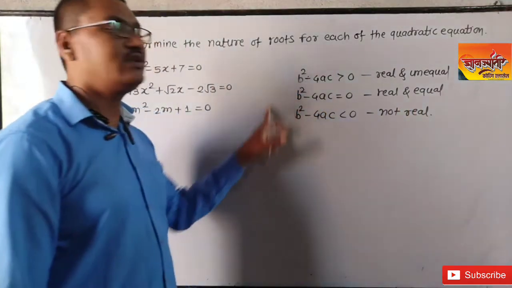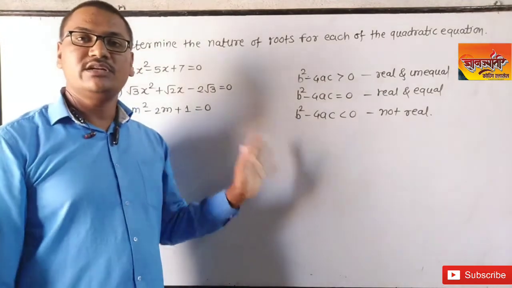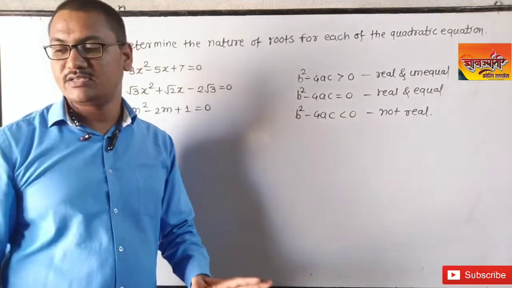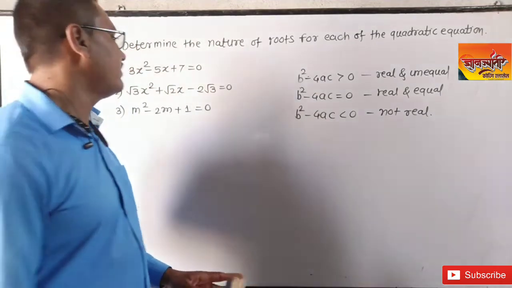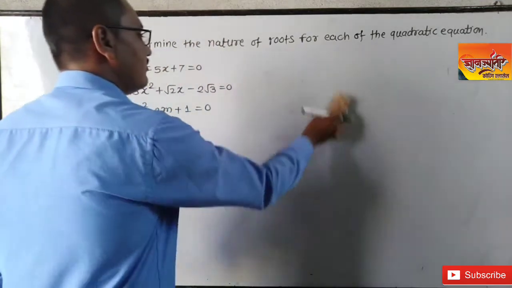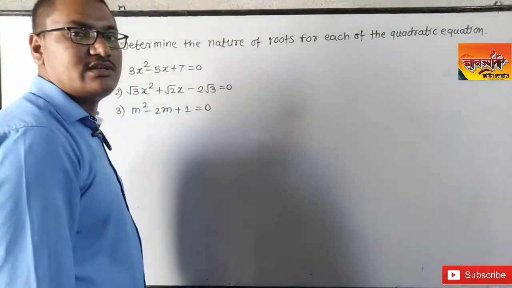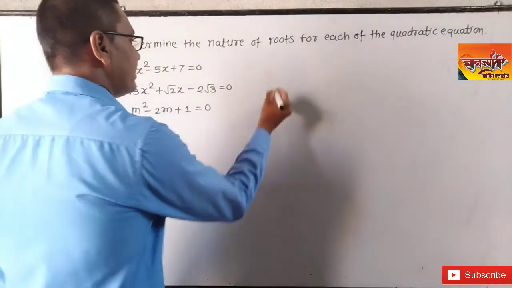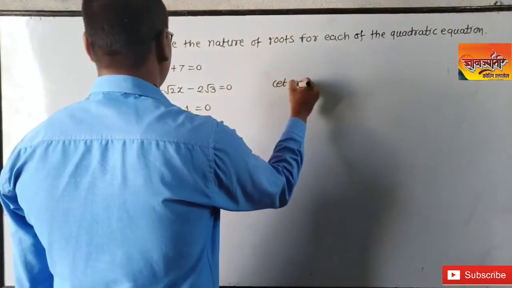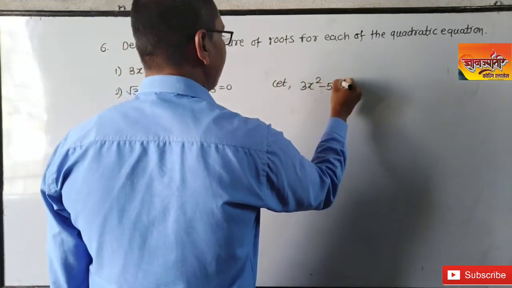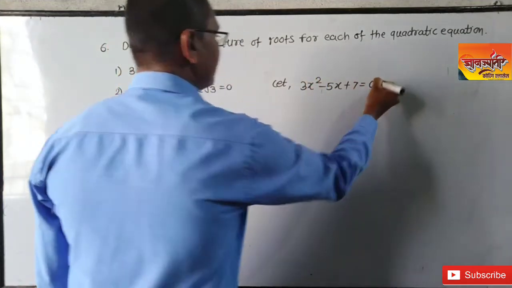Using these three conditions, we determine the nature of roots of given quadratic equations. Let us take the first problem: 3x square minus 5x plus 7 is equal to 0.